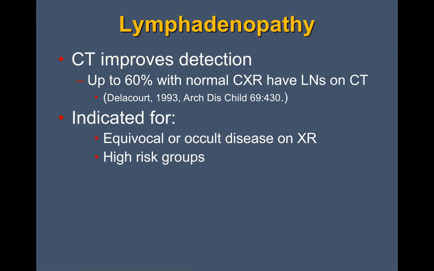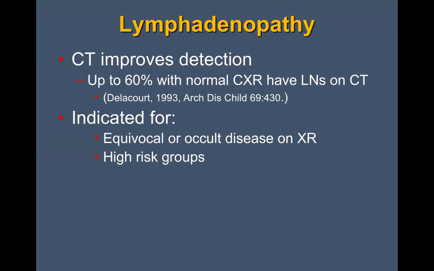So studies have showed us that, when you have a normal chest x-ray, up to 60% of those children with TB might have lymph nodes on a CT, or for a variety of reasons, not just TB. So should we be doing CT on all these cases?